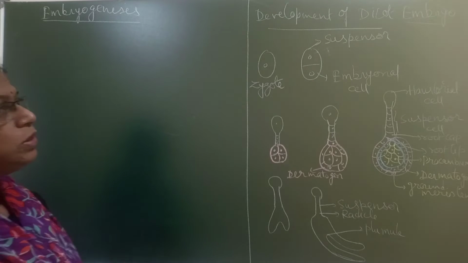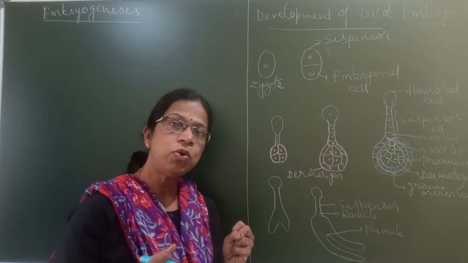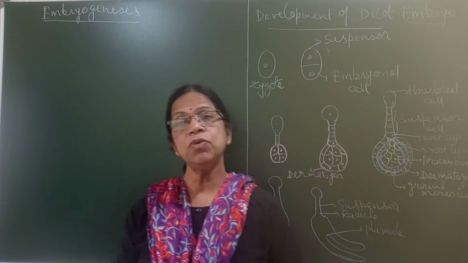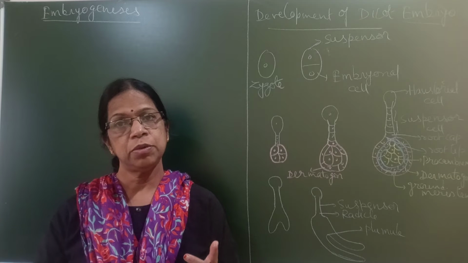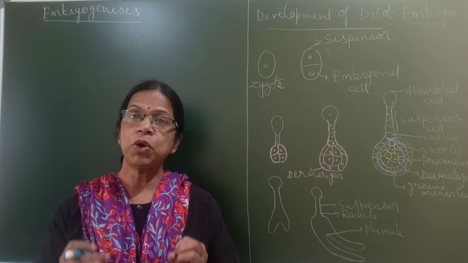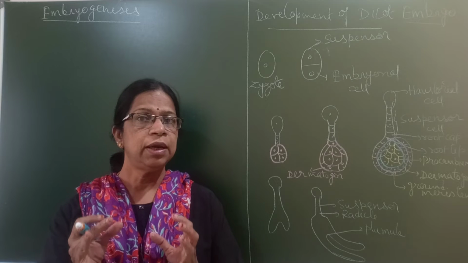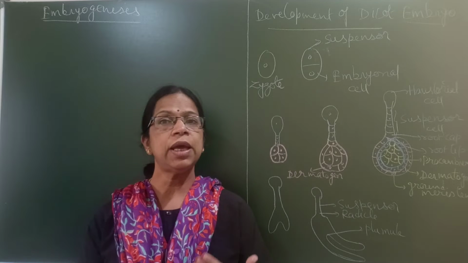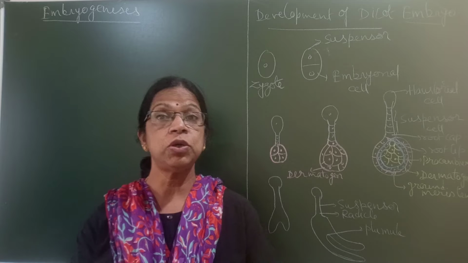So first, what is embryogenesis? First, we have done about endosperm, how endosperm is formed, and there is a need of endosperm formation much before the embryo development, to ensure proper nutrition to the embryo. This is a basic principle of nature that before actually a life is developed, nutrition has to be provided to that particular life.